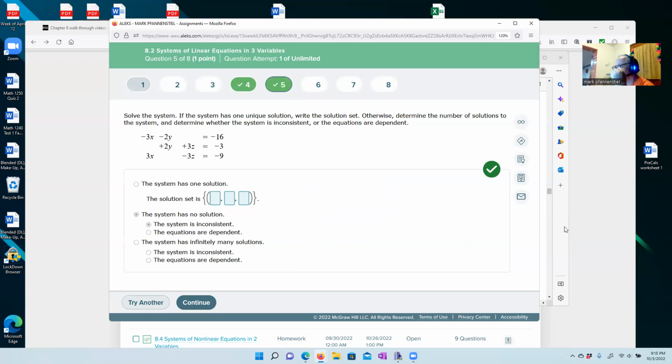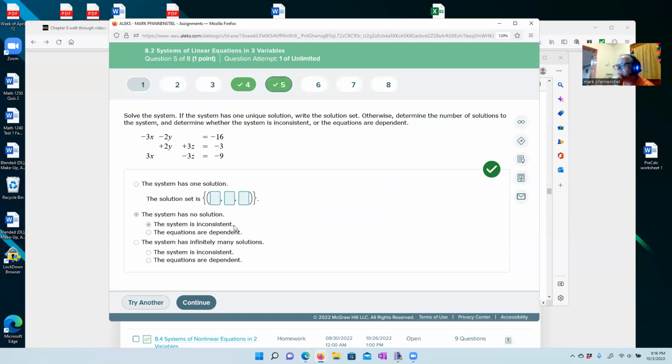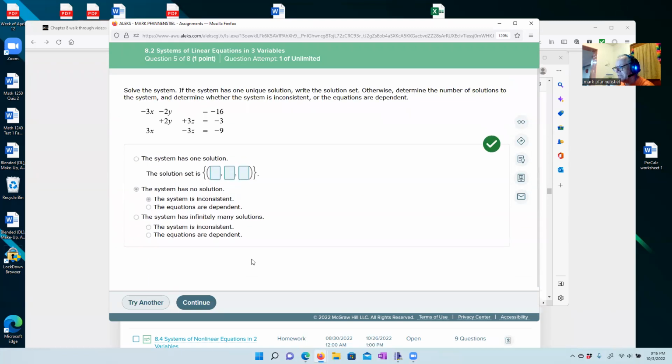When you get 0x plus 0y plus 0z equals something that's not 0, then we end up with an inconsistent equation. It's just something that cannot be true. If you end up with 0 equals 0, then you have infinitely many solutions. And like I said, the equations are dependent, and we'll go through what that means and show you an example of those.